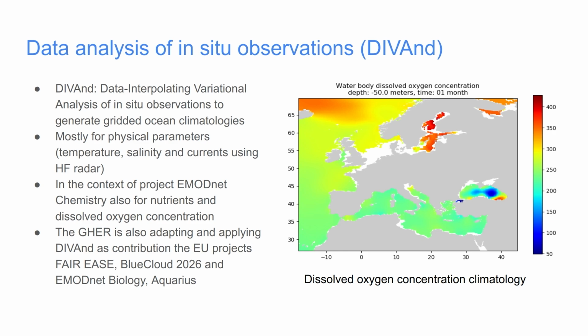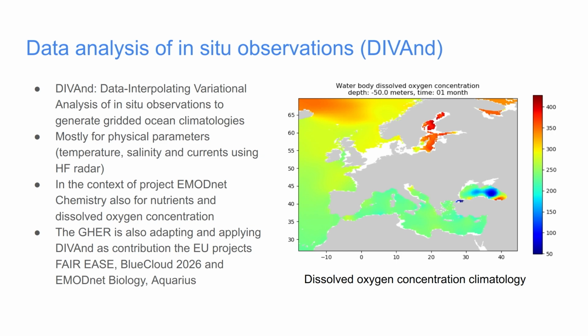So on Friday we will have a hackathon about a package called DivaND. This allows you to make an interpolation of in situ observations, and this is actually one of the main reasons why we moved to Julia, because this is the main toolbox that gives us most of the projects that we're working on.